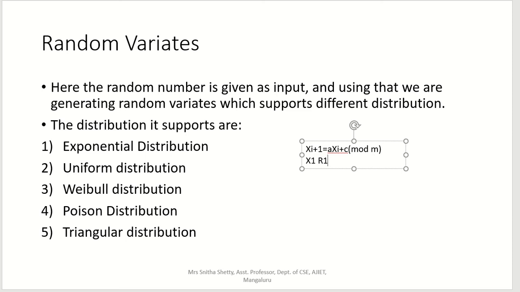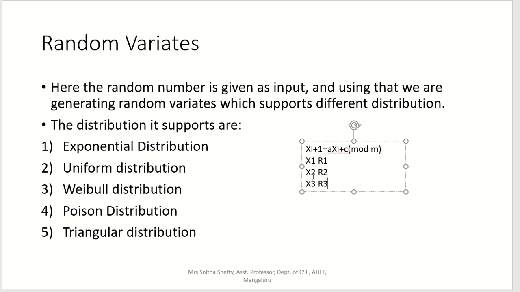So this was a random number. In order to generate the random number, we need an integer, and this integer is known as a random variate. When you generate a random number, it should satisfy two important properties: the uniformity property and the independence property.